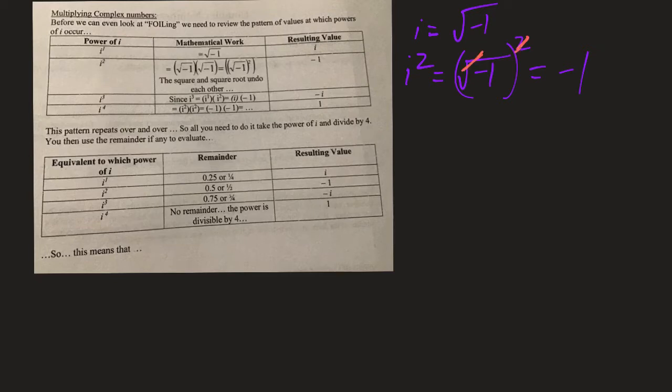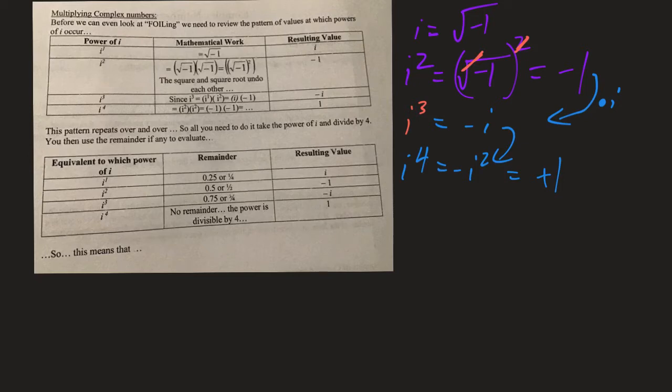And similarly, as I go down the sequence, up to i cubed and i to the 4th, we discover that each step of the way, I multiply the previous number by i. And I end up with -1 times i, which is -i. And if I do it again, I get -i squared, which turns into positive 1 again. The two negatives cancel each other out. You get negative, negative 1, which becomes positive 1.